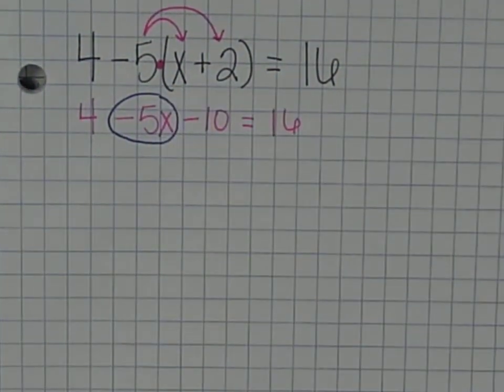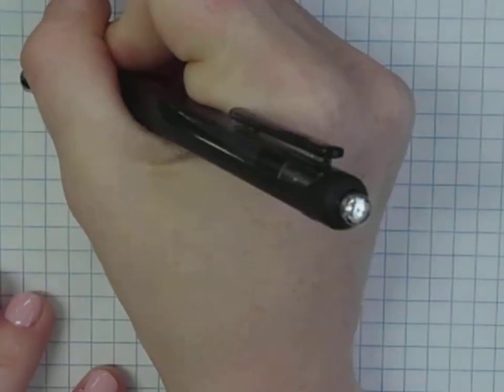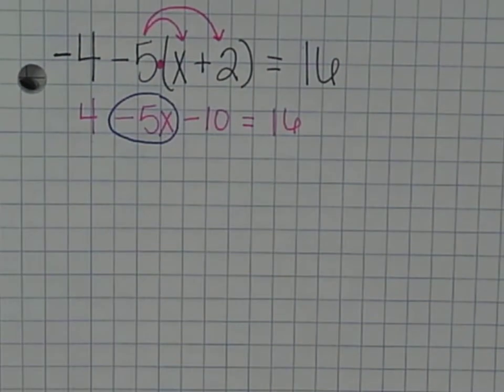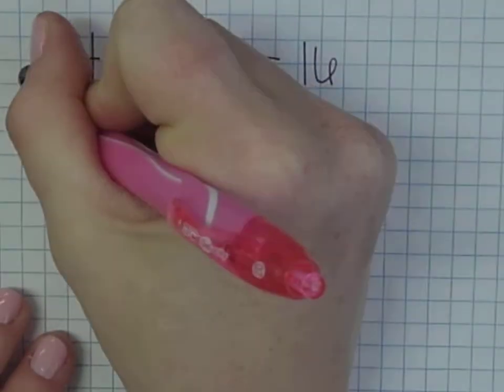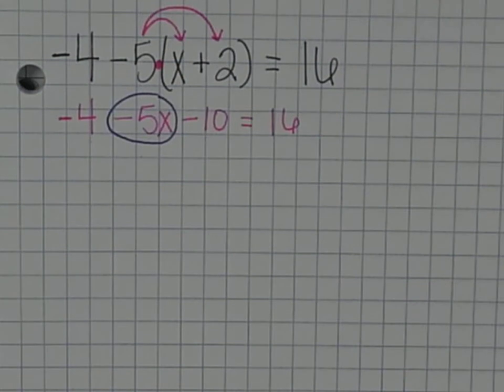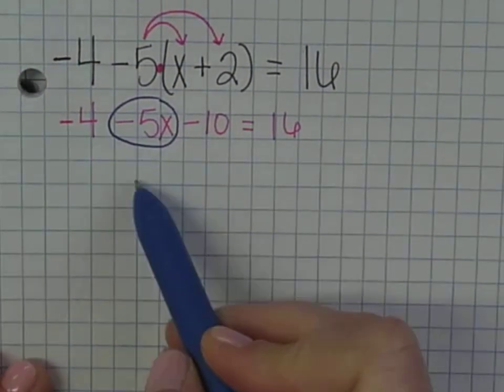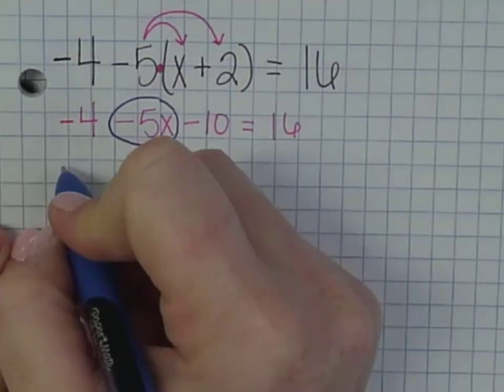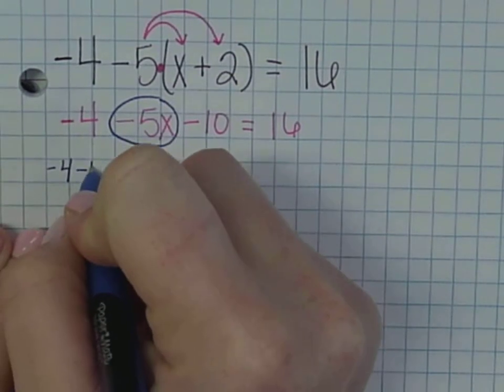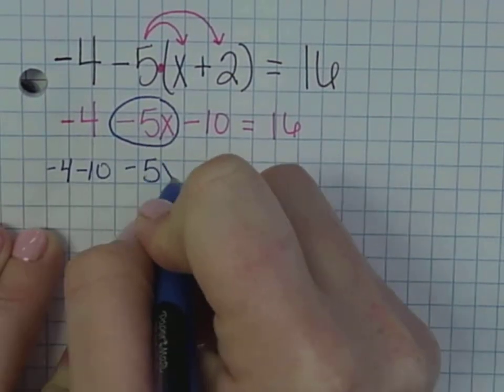And I think I forgot to write a negative 4 right there. That's why. So that should be a negative 4. So then I have negative 4 minus 10, so negative 4 minus 10 minus 5x.